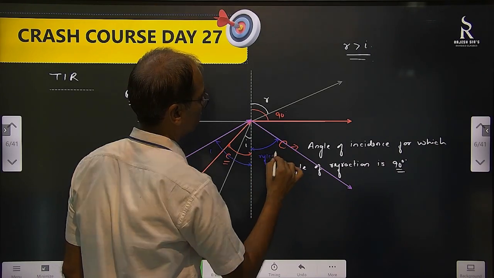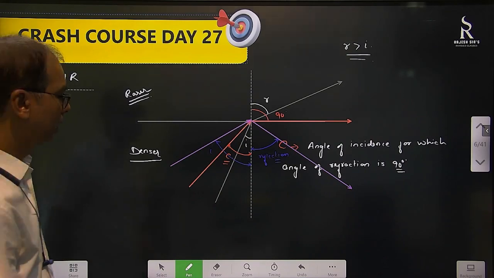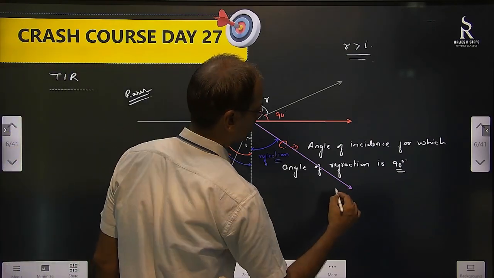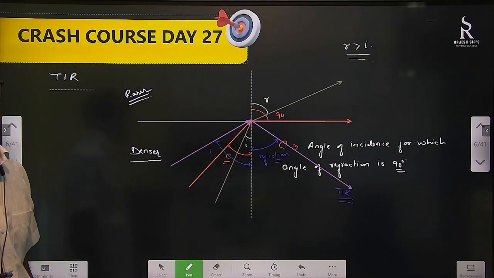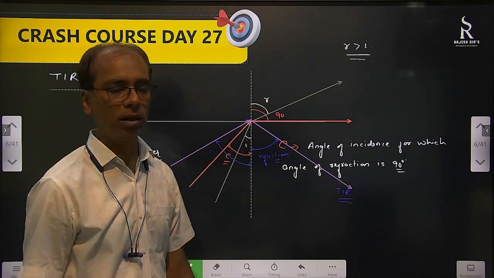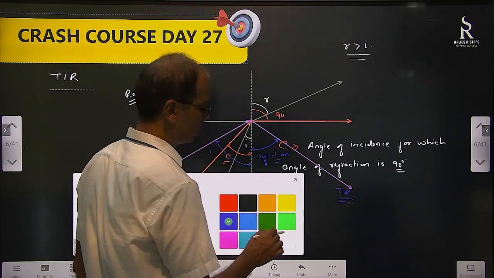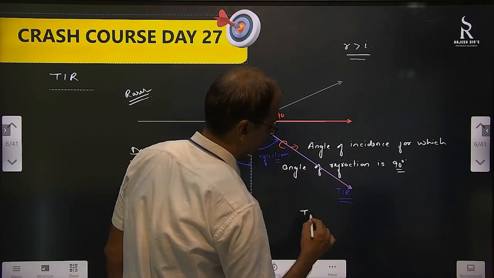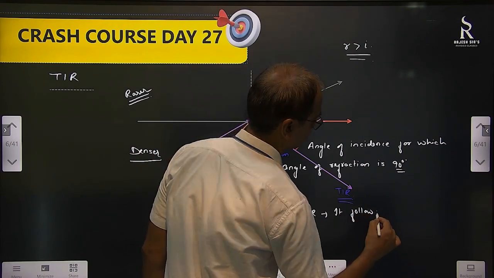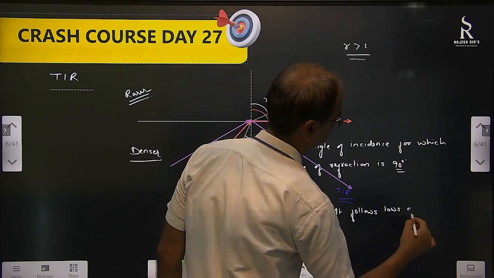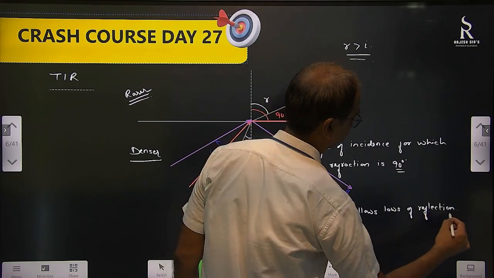This process we are calling TIR. So when the angle of incidence is more than critical, the ray returns back to the same medium, and this process we call TIR, and it follows the laws of reflection. That means the angle of incidence equals the angle of reflection.